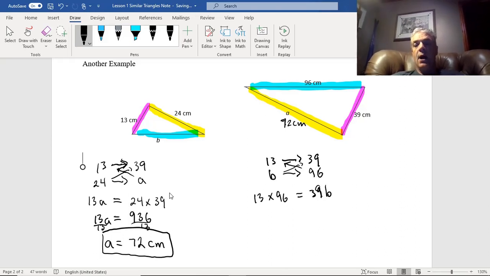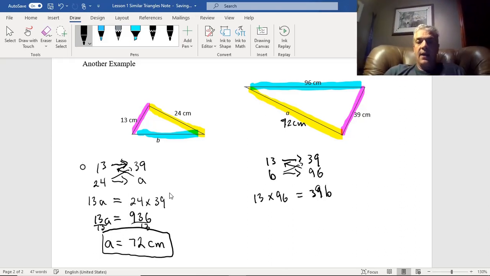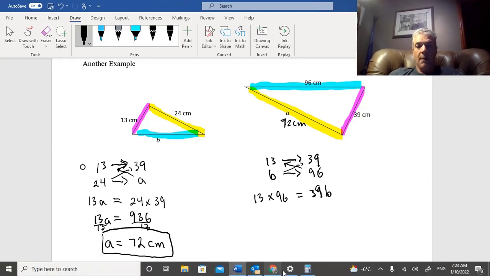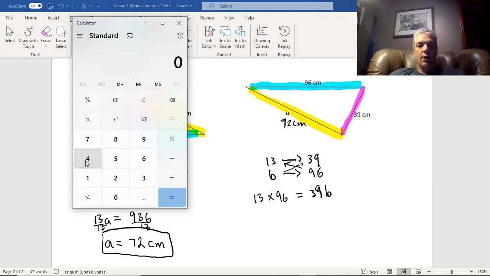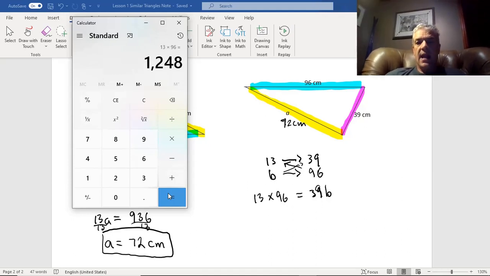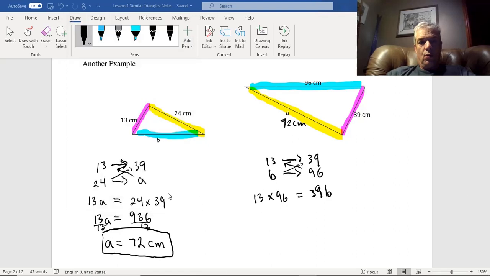Okay, now I need to do my math again. I need my calculator. So I grab my calculator for a second. It's not that hard. Clear this one off, and I go 13 times 96, and that equals 1,248. So that's 1248 equals 39B.